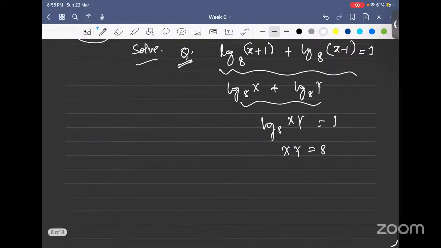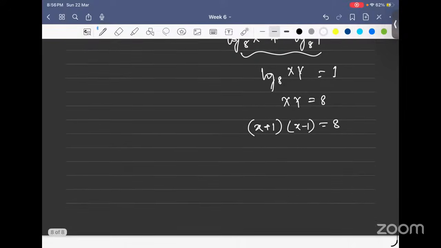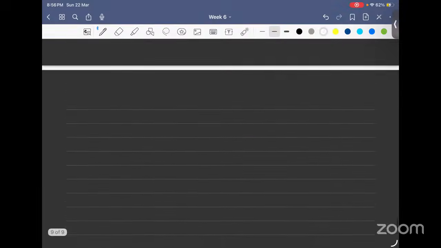So x plus 1 times x minus 1 equals 8, so x squared minus 1 equals 8. So x squared equals 9, x equals plus minus 3. Minus 3 can't be the answer, so it is 3.